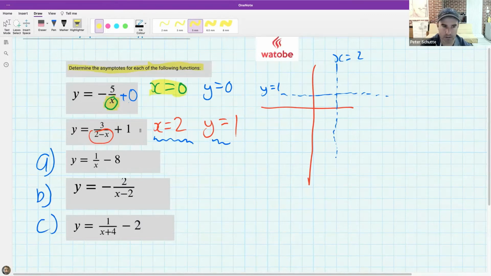I hope that helps a little bit. The same situation is going to be happening here because the x is all by itself in the denominator. But I just want to make sure everybody knows how to find the asymptotes of a hyperbola. There's always going to be two asymptotes.